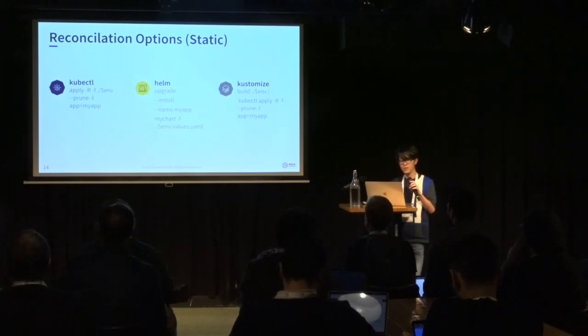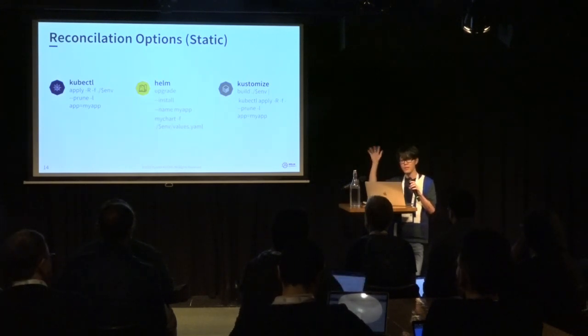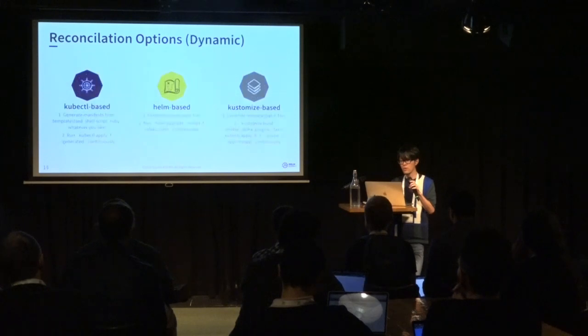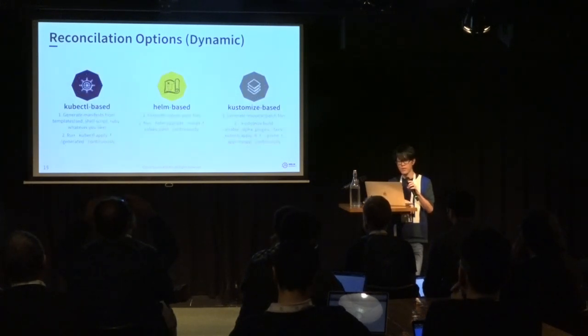Anyone using Kustomize for your deployments? Maybe one or two. Okay, in this model, you just use Kustomize build for your Kubernetes manifests, and you kubectl apply --prune with it to deploy. Okay. Maybe many people in this room are using these dynamic reconciliation options.